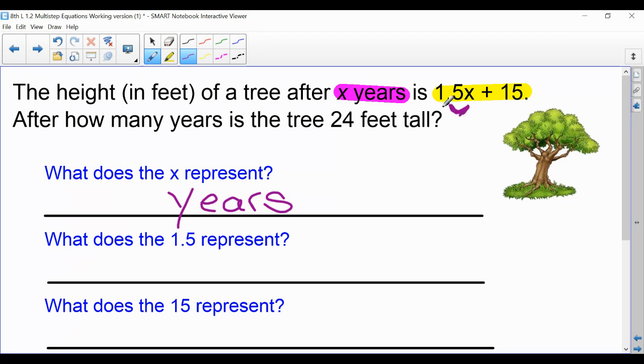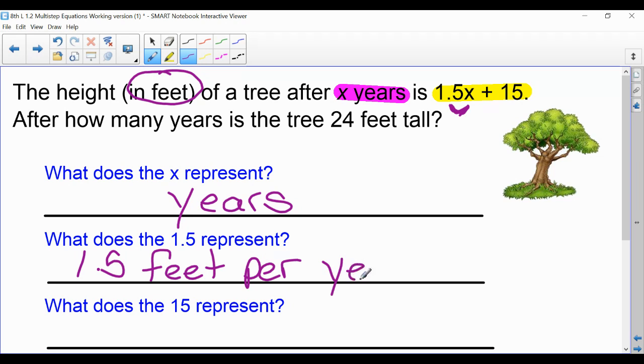And again, remember from our do now, that per was attached, tells us that there's multiplication in there. So 1.5 per year. And our height is being discussed in feet in this problem. So it actually grows 1.5 feet per year. So every year that tree grows 1.5 feet tall.